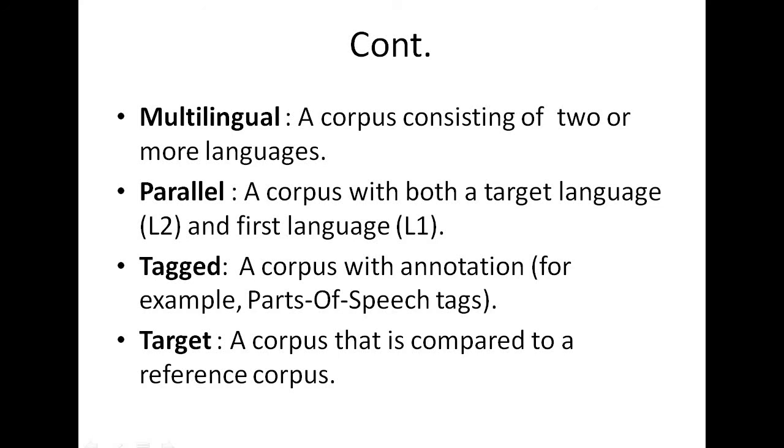This would be the target language, that is L2, and the first language with which we want to compare, for example, it is English, that would be L1 or the first language. And if we form or collect a corpus consisting of the examples of both these languages, and we collect those languages in a single corpus, that would be a parallel corpus.